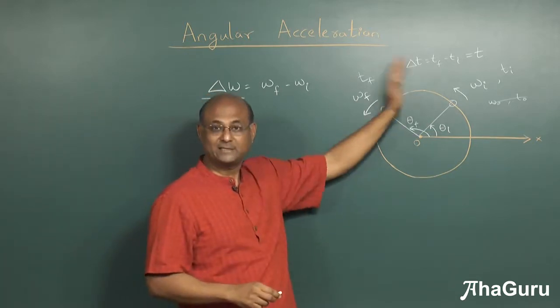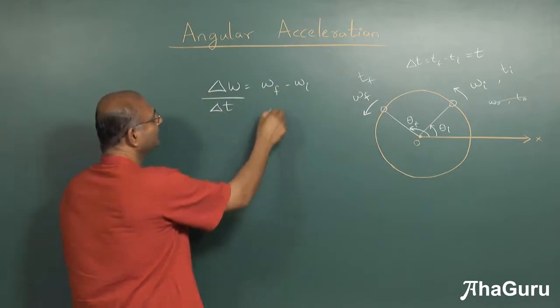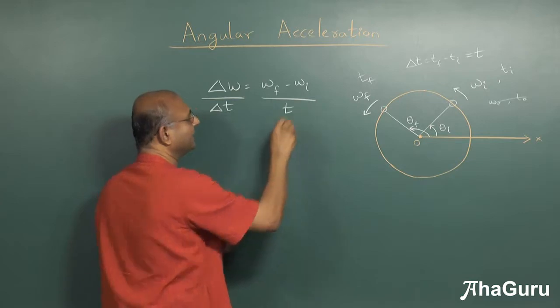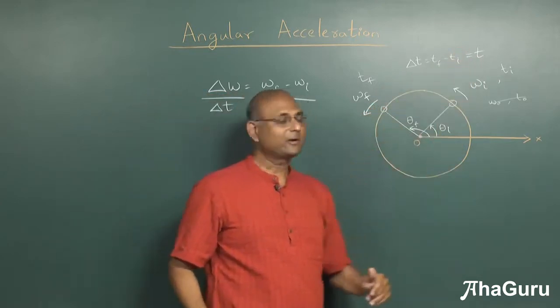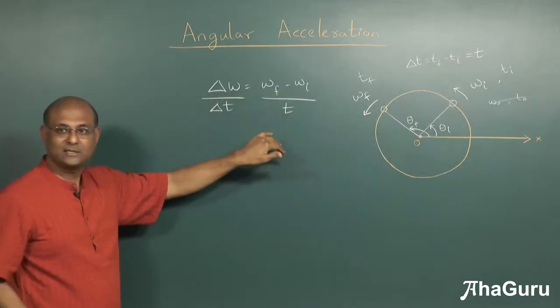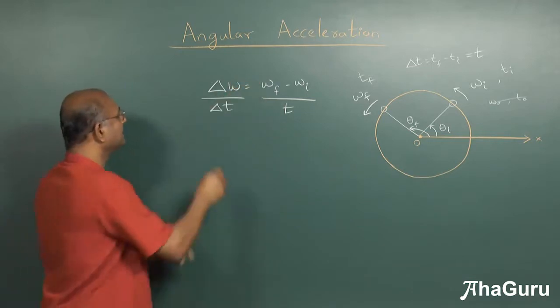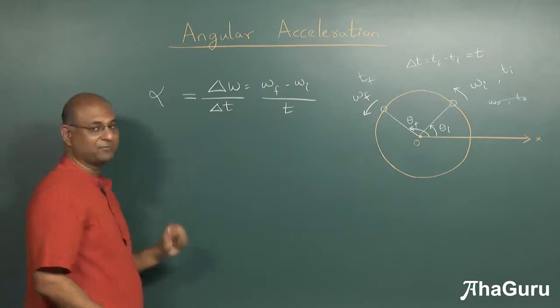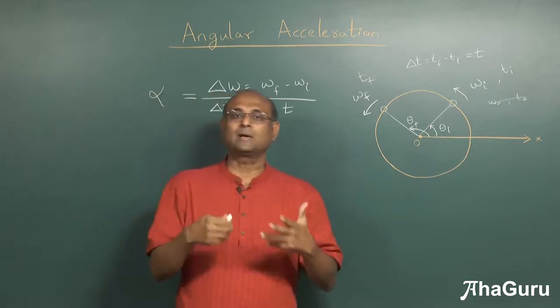Angular velocity change divided by time should be the rate of change of angular velocity, but I decided to call delta t as t. So I'm going to write it as omega final minus omega initial by t. This we call angular acceleration alpha, like instead of a, we talk about alpha.